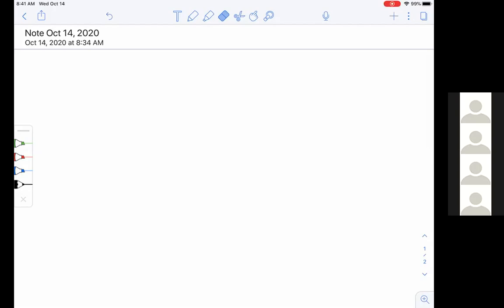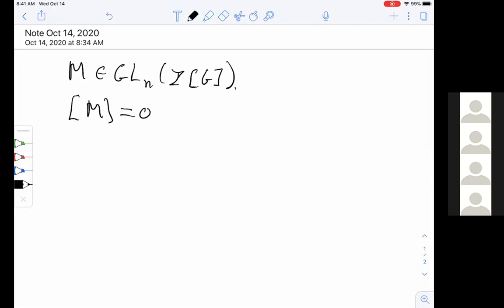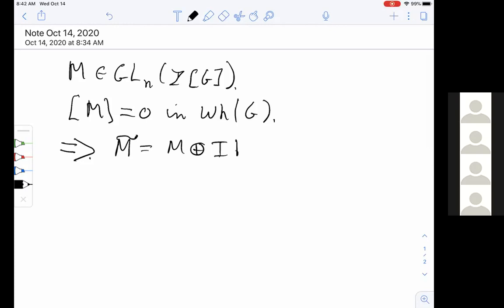Suppose we have an element M in GL of the integral group ring of G, and suppose its class is 0 in the Whitehead group of G. Then after stabilizing M, let's replace M by M tilde, which is M plus an identity matrix of some large but finite size.